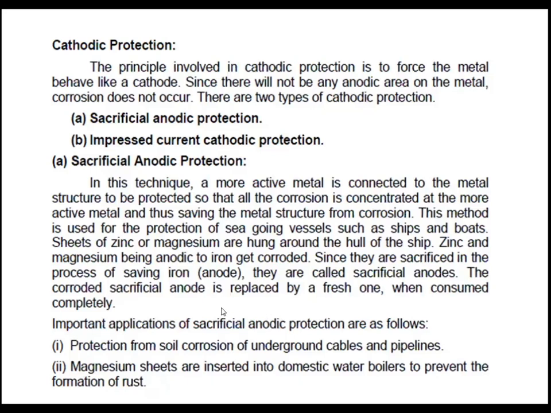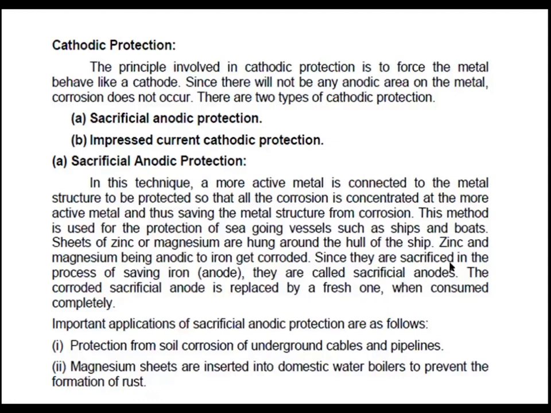The commonly used anodic metals are magnesium, zinc, aluminum, and their alloys. This method is used to protect buried pipelines, underground cables, ship hulls, water tanks, etc. Here is one example: zinc and magnesium, being anodic to iron, get corroded.